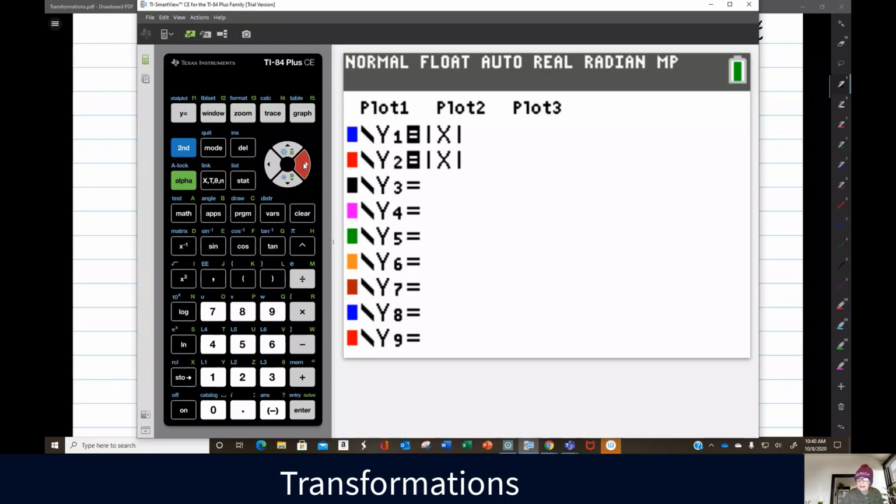Happen out here, plus 5 rather. Now I'll graph. I have just moved this guy up 5 units.